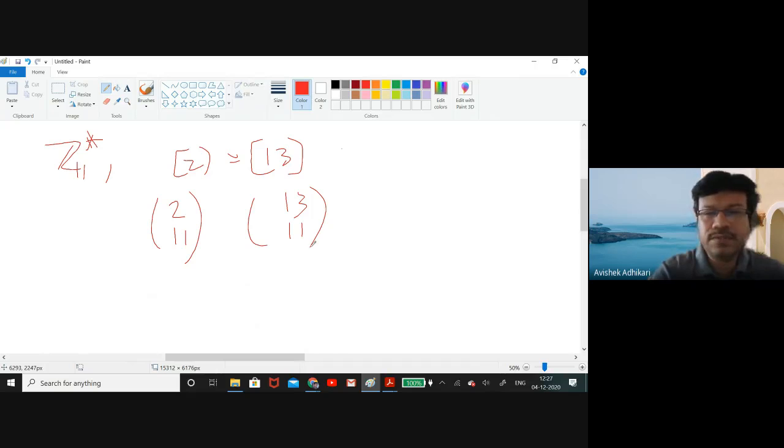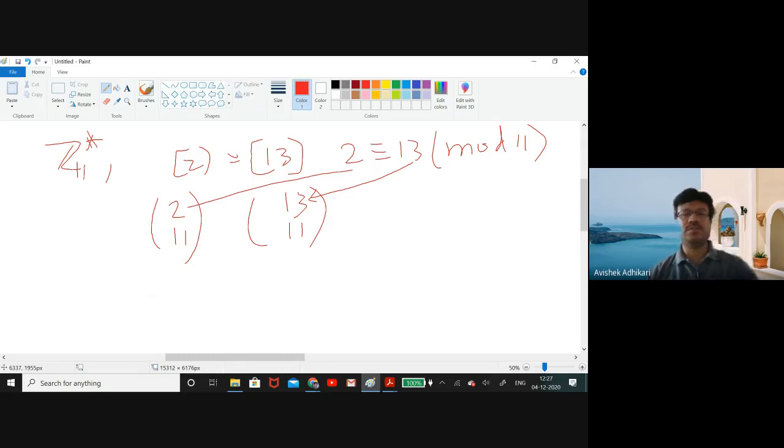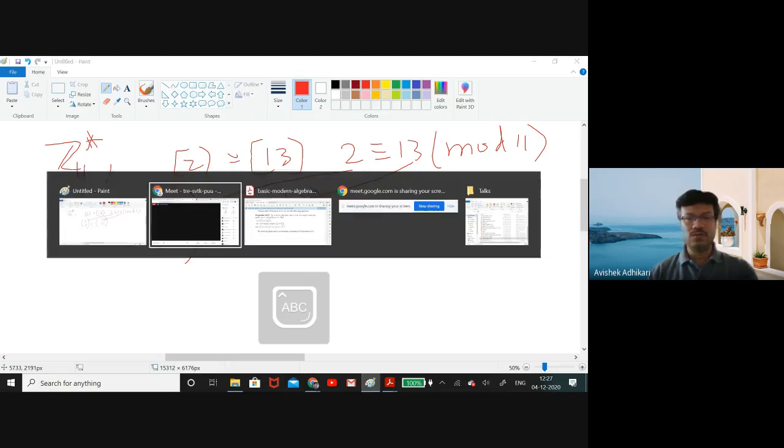It says that since 2 is congruent to 13 modulo 11, you can replace one by the other, and the values are exactly the same. That proof is also very easy. Again, the equality will need just 2 or 3 extra steps that will give you the exact equality. So this is a very helpful result for calculating the values properly.